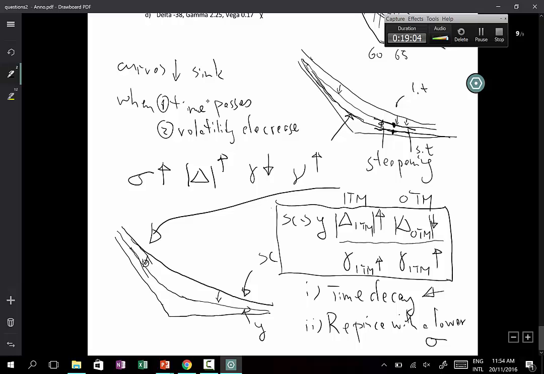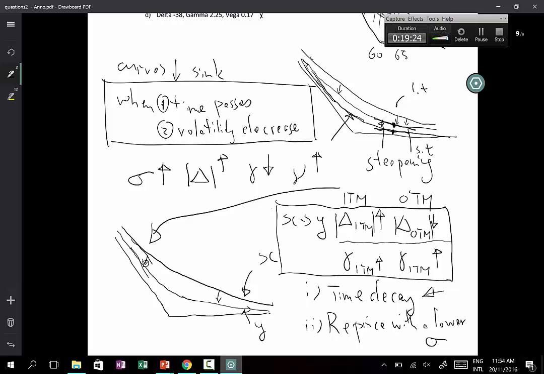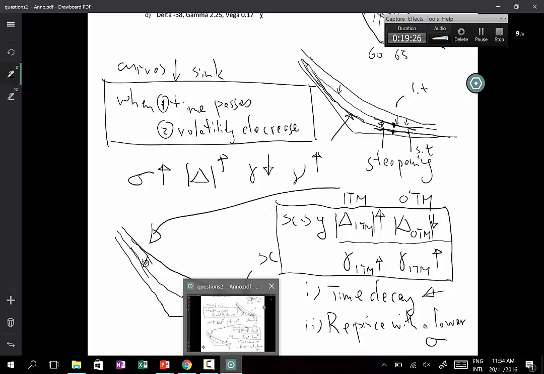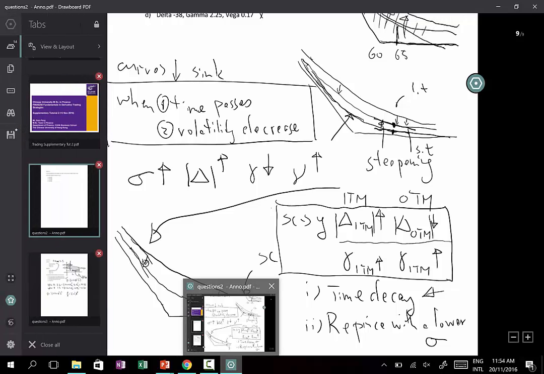Now that's the first thing. The second thing is, under what circumstance will you get your payoff function to start sinking? Well, when time passes, it will happen. Or when you decide to suddenly reprice with a different volatility input, that can also happen. And that is precisely what this question is referring to. So let's take a look at that.